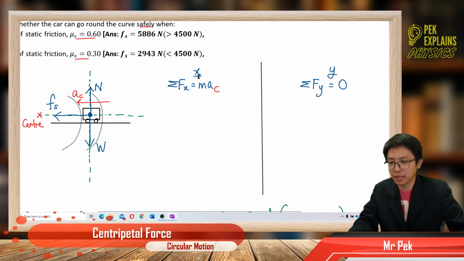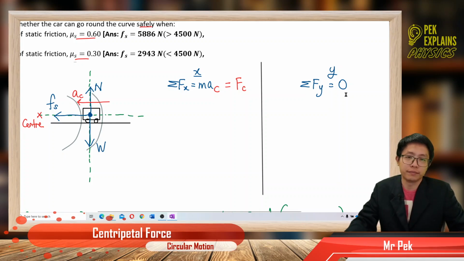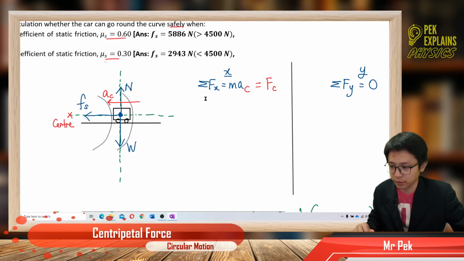This resultant force actually is the centripetal force. So mac equal to Fc, or total Fx equal to Fc. Our y component has no acceleration, so total Fy equal to 0. That's it.